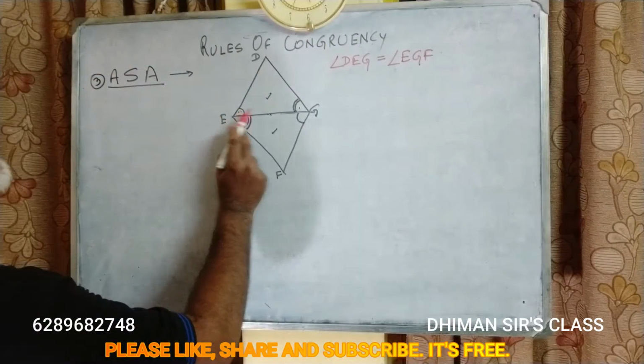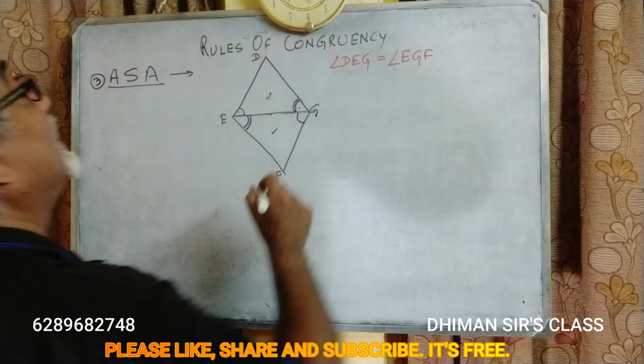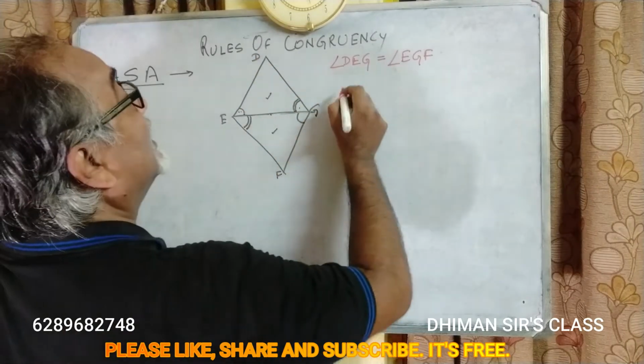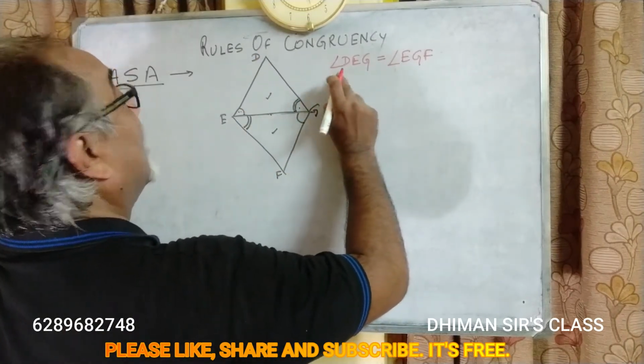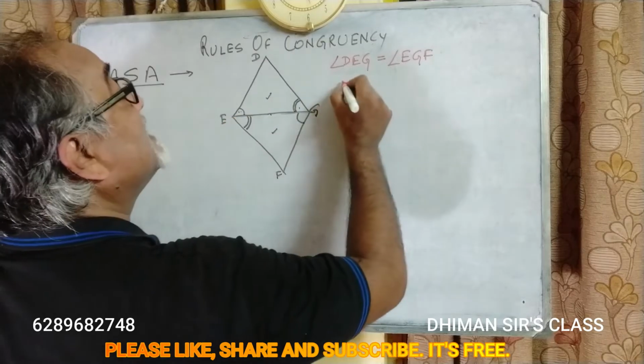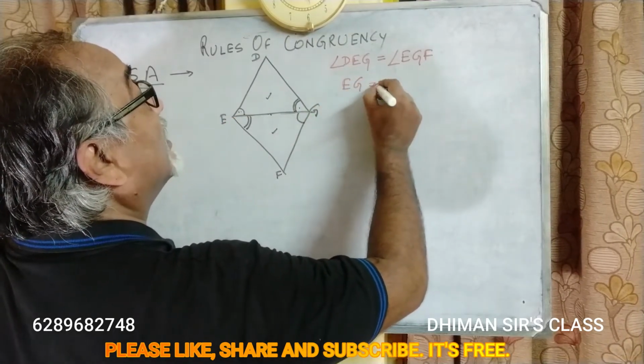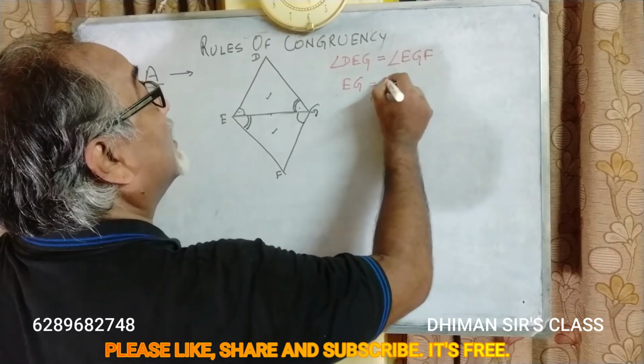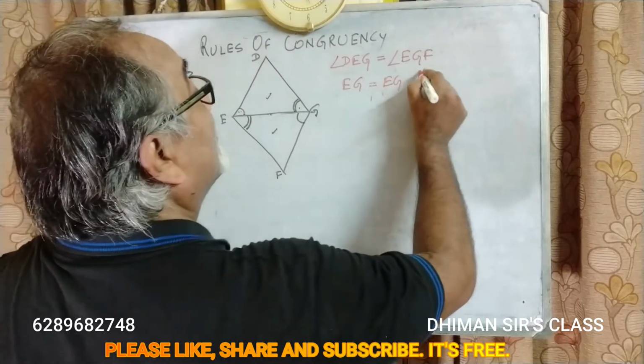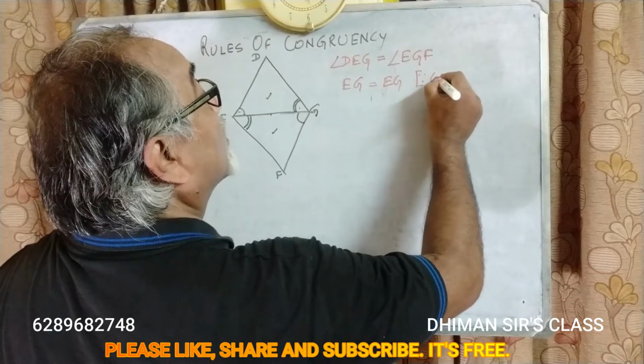So this angle is equal to this angle. Side EG is equal to EG itself. Why? Sir, common side.